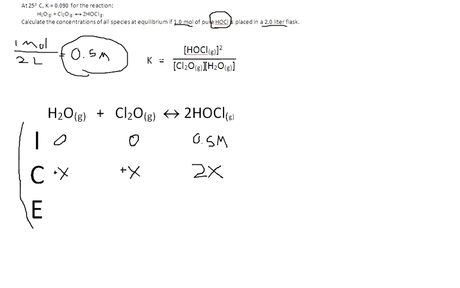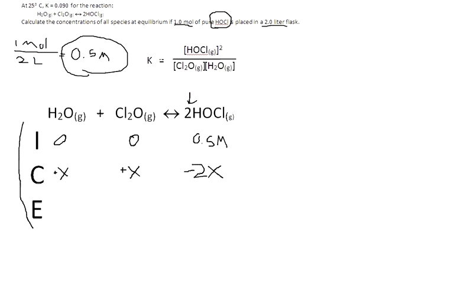And I got that because there's that lovely 2 there. So for every 2 moles of this that is disappearing, 1 mole of each of these is being created. And that's being taken away.